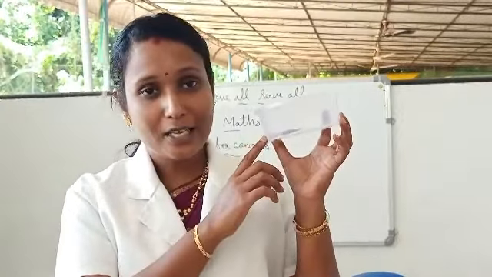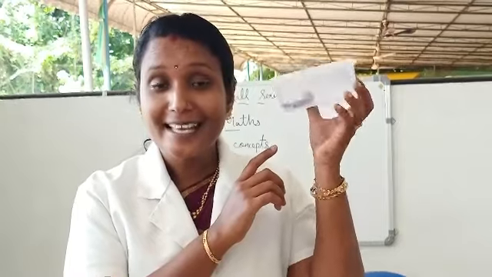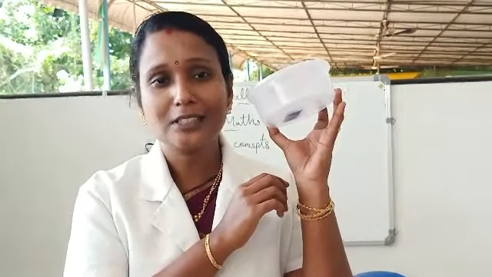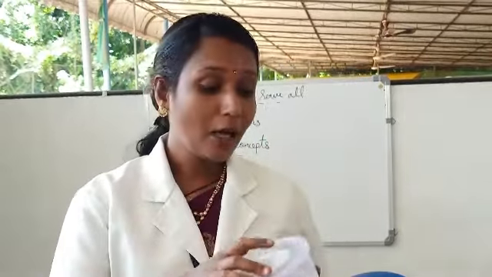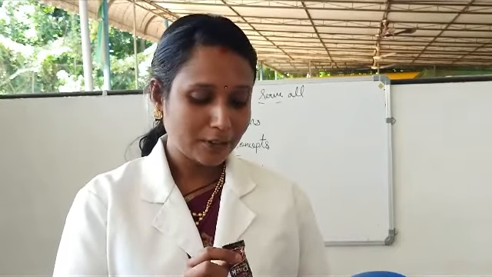Children, look at this. One toffee is inside the box. Inside. Now I am going to take this toffee outside the box. Now this toffee is outside the box. Outside.